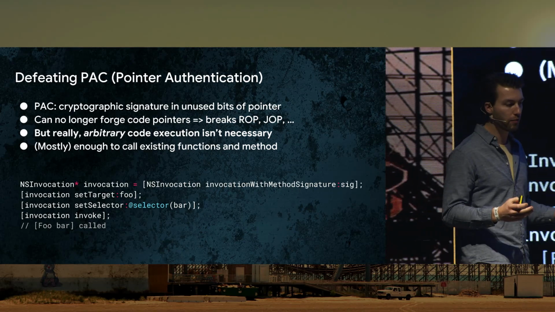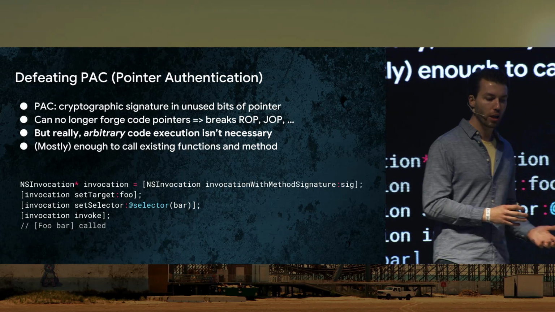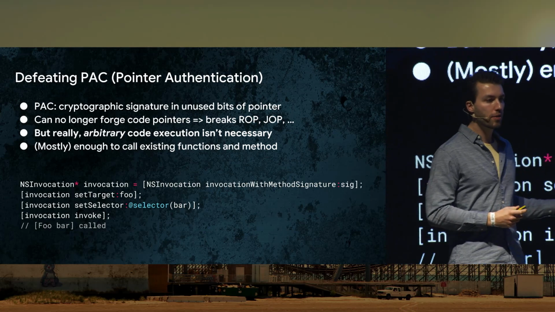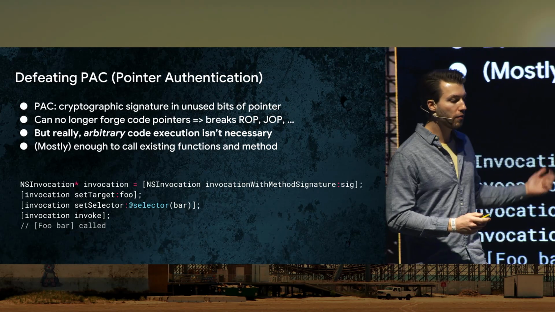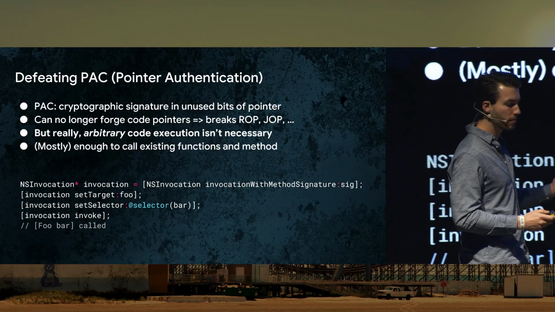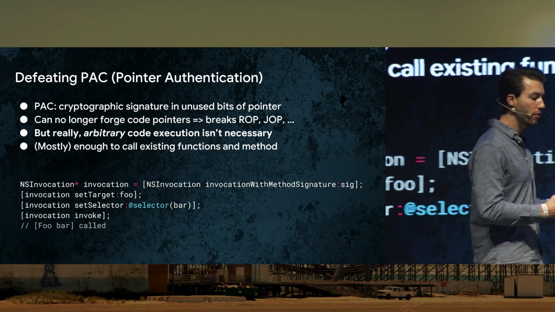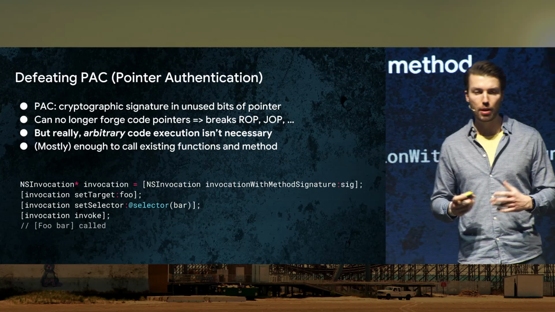Objective-C is kind of very dynamic and the runtime around it. And so one of the objects that was very convenient back then is NSInvocation, which essentially represents like a bound function call or bound method call.